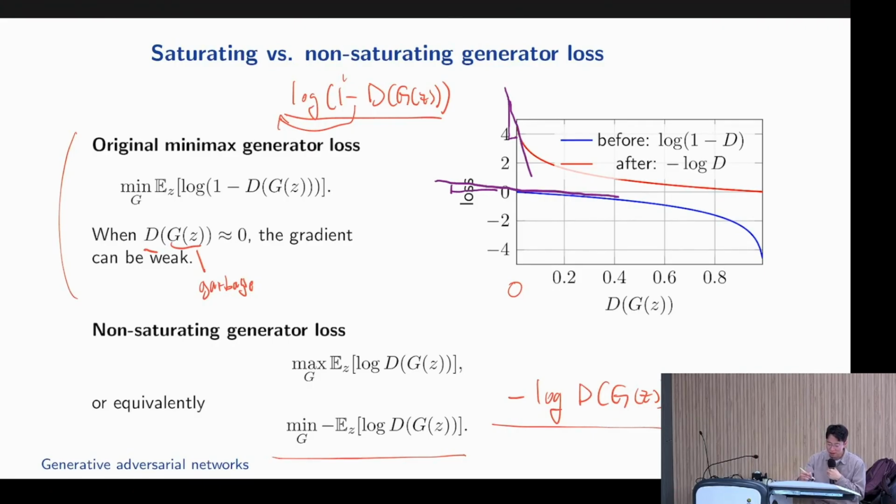But still, the important thing is you want to decrease this. So instead of decreasing this, we're going to just decrease this. The more important thing is the direction in which we influence the generator parameters. So log 1 minus that versus negative log: not so much change.